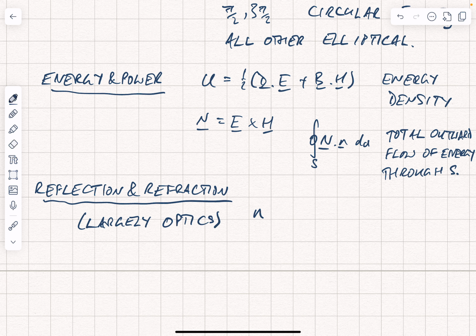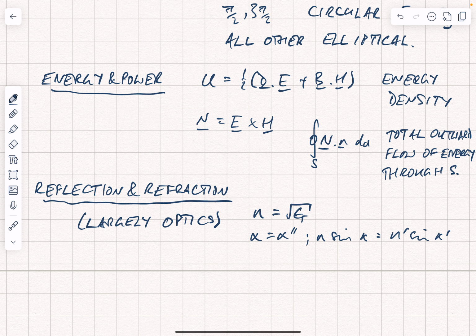So we noted that the refractive index n is equal to the square root of epsilon r. We noted that using boundary conditions and various simple geometrical arguments, you can find that the angle of incidence is equal to the angle of reflection, and we could derive Snell's law, n sine alpha is equal to n prime sine alpha prime.